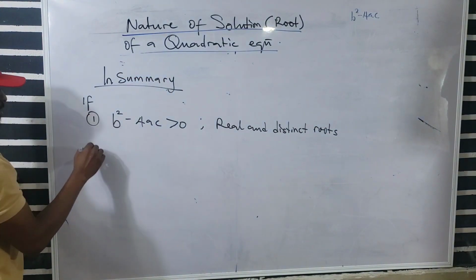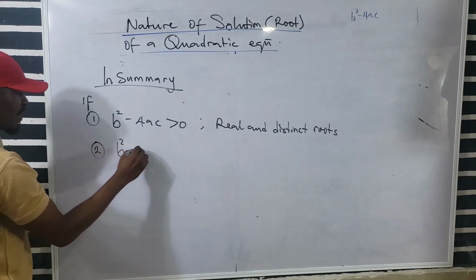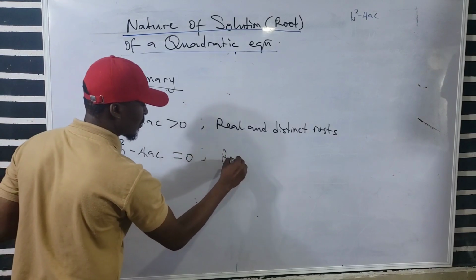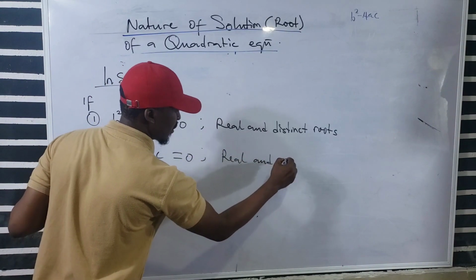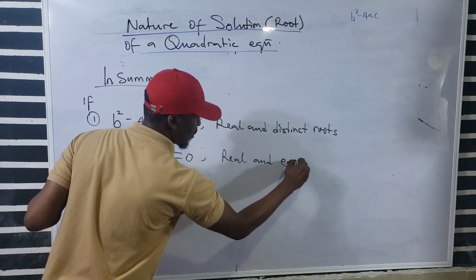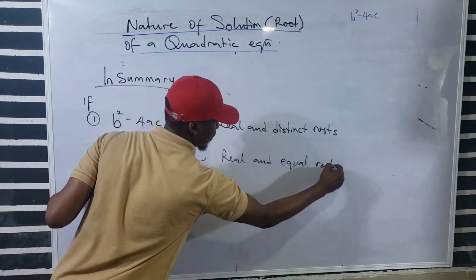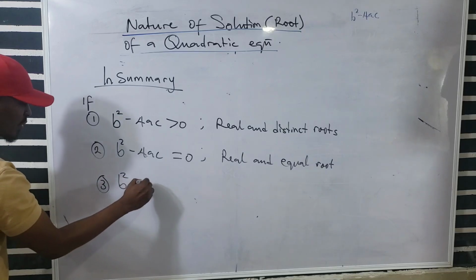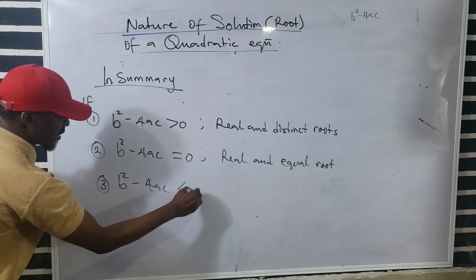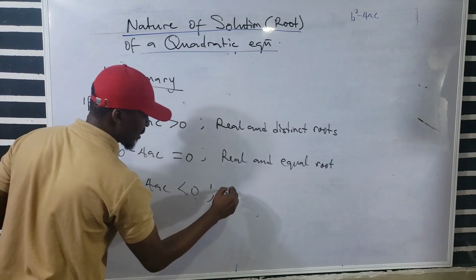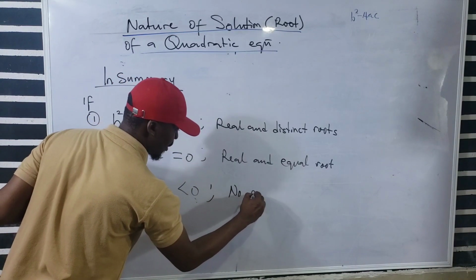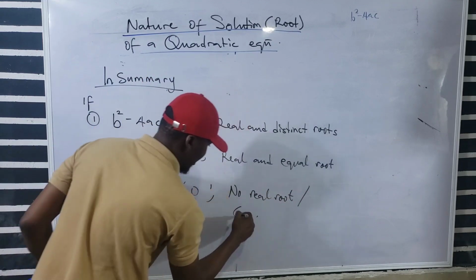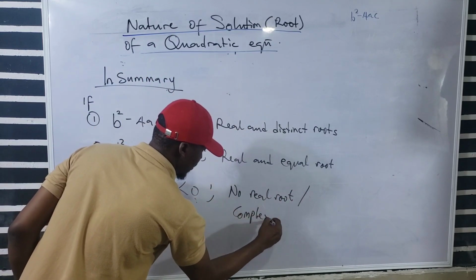Number two, if b square minus 4ac equals 0, that's real and equal roots. Number three, if b square minus 4ac is less than 0, that is no real root, or what you say is a complex root.